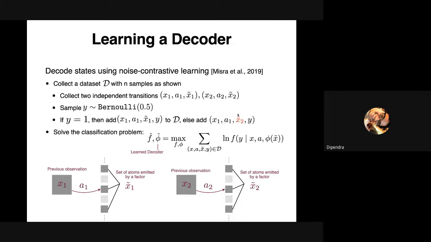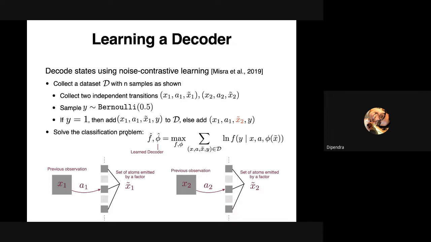So the choice of fake is important here. We keep the x1, a1 as in the real transition, but flip the last observation and replace it by x tilde 2. And this is shown in the red color here. We will call this the imposter transition, and this x tilde 2 the imposter. And we add this to the data set.